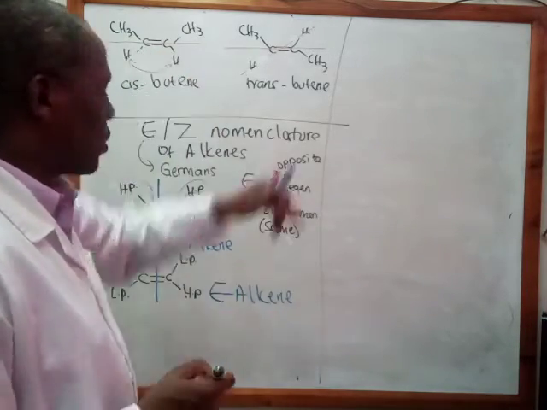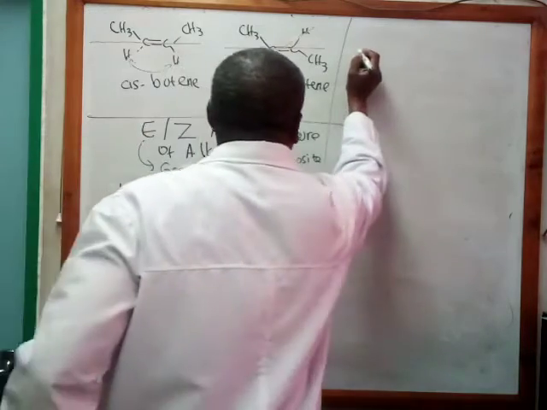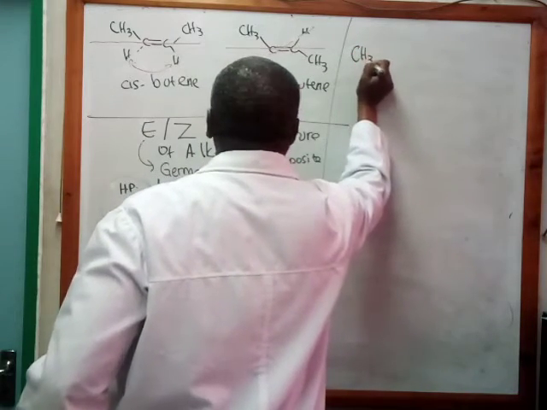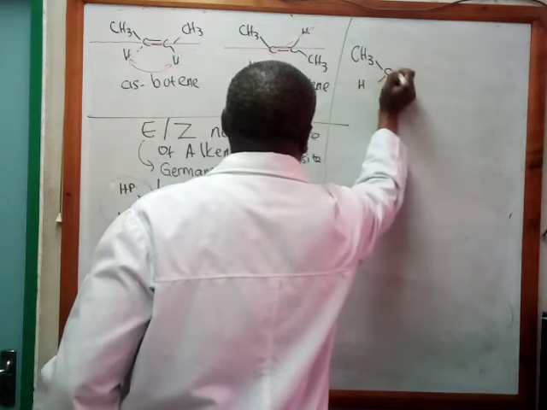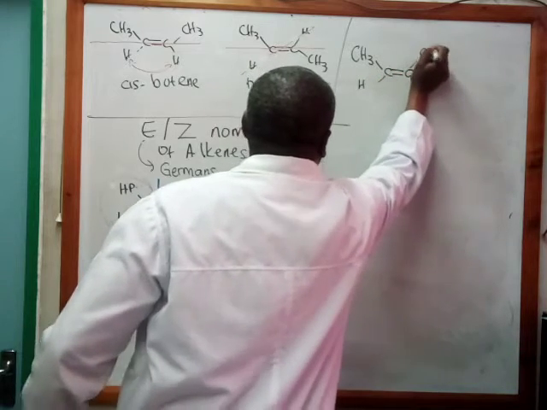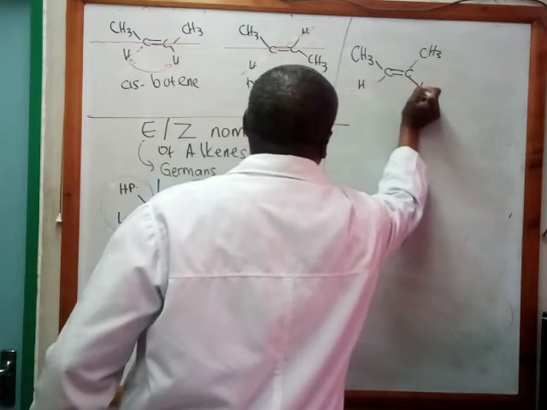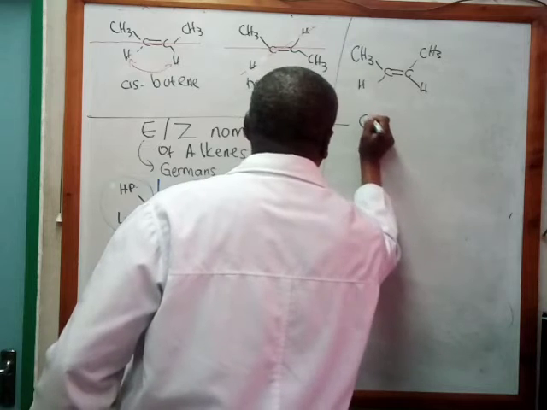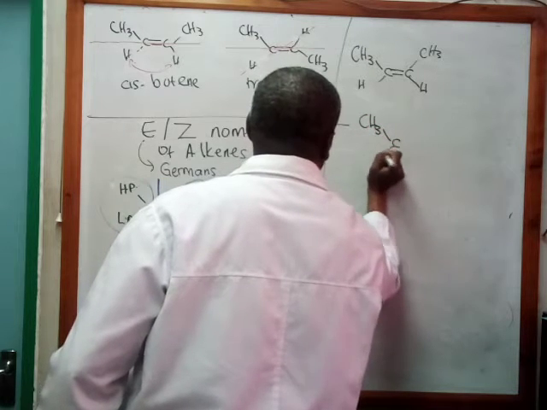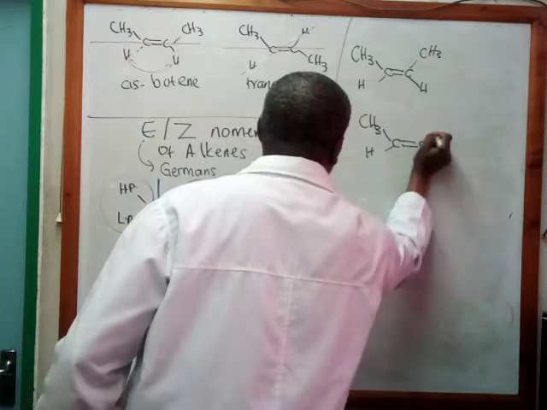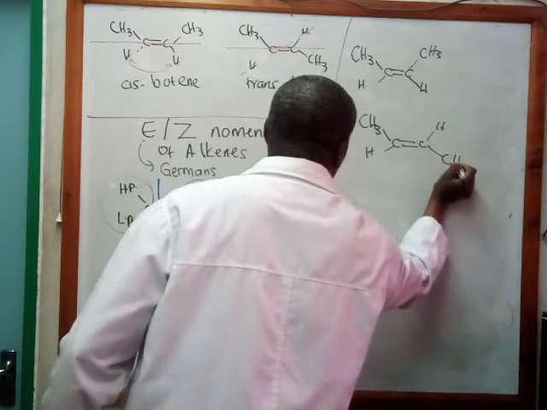Let's try to redraw what we have here. Like I've got my CH3 group, and then I've got my hydrogen here, and then I've got my CH3 group here, and then I've got my hydrogen, and then I've got another CH3 group here, and then I've got my hydrogen, and then I've got my CH3 group here.